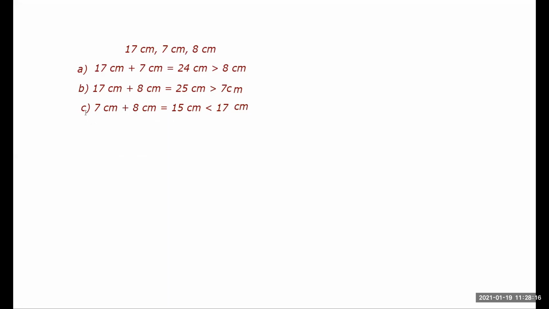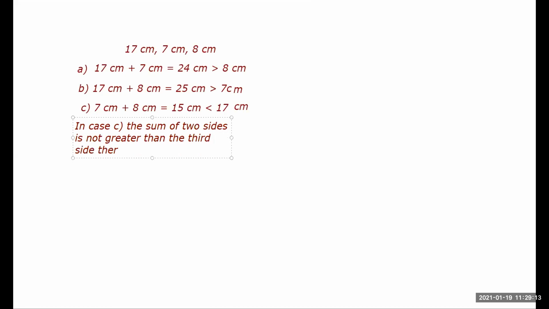But ये C condition में, as per the rule, in this case C, we can write it as: in case C, the sum of two sides is not greater than the third side.